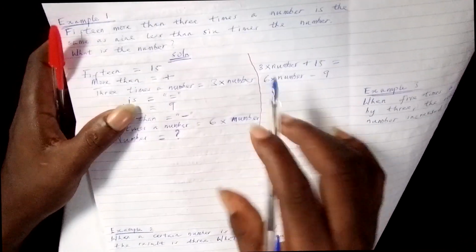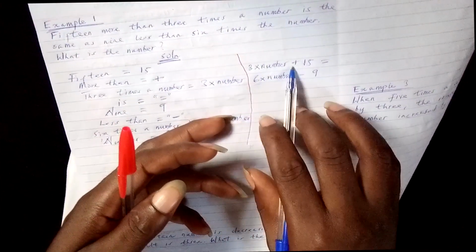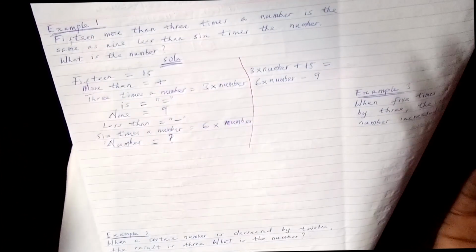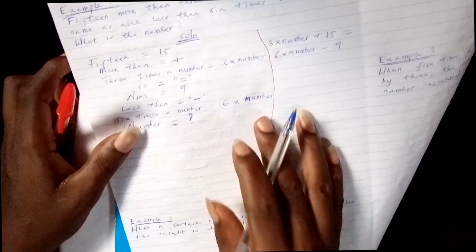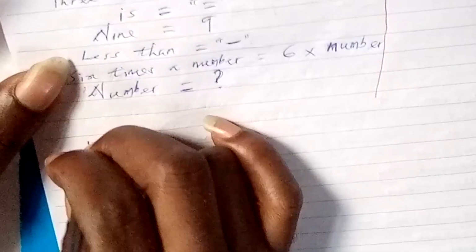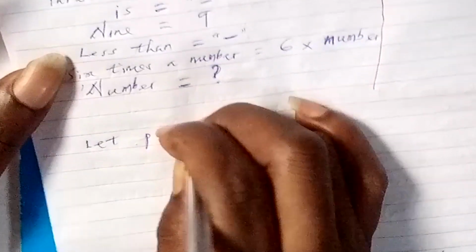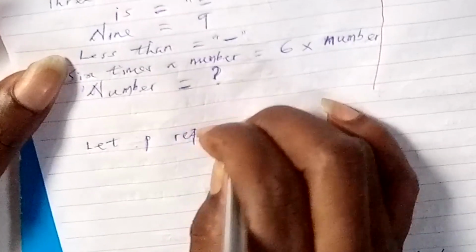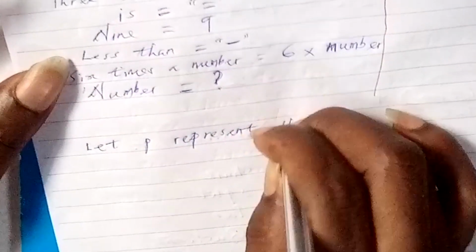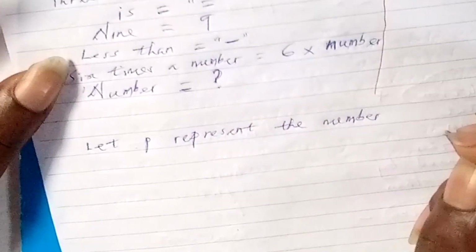But remember, since we have written 3 times a number, let us represent the number by any variable at all. So for me, I could represent the number by p. So I can say that let p represent the number.